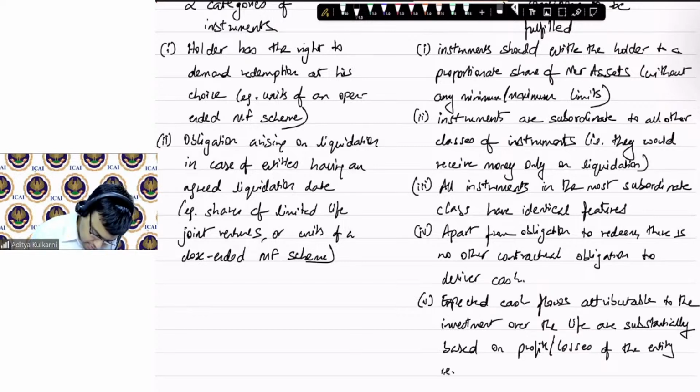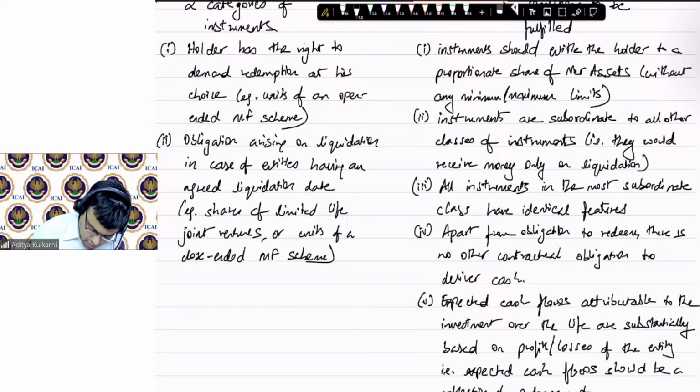That is, expected cash flows should be a reflection of the performance of the entity.